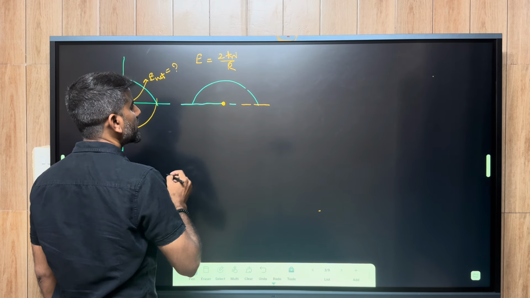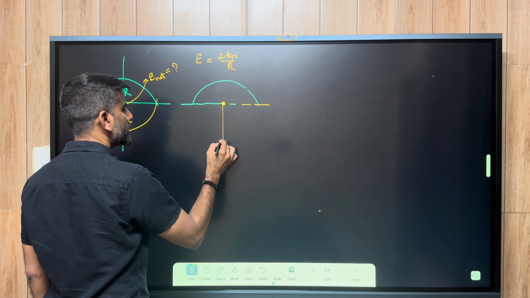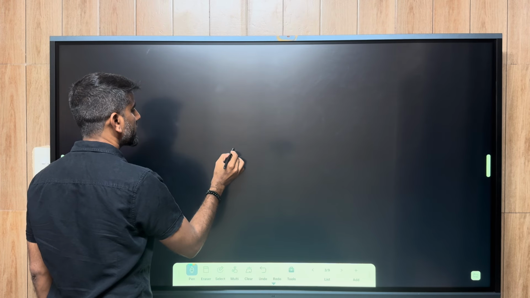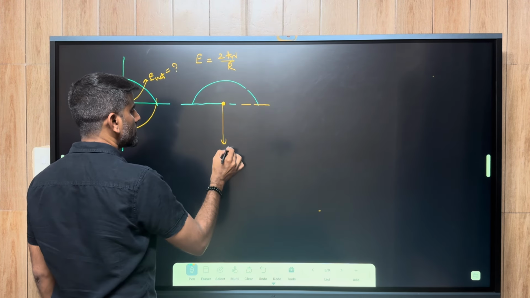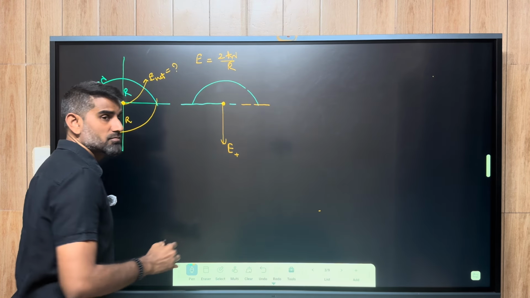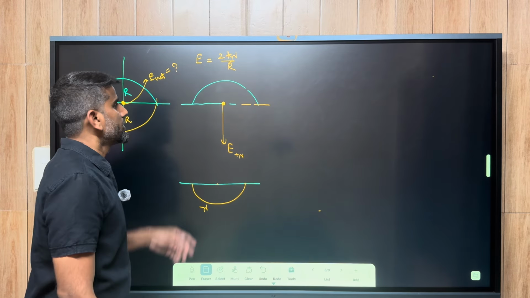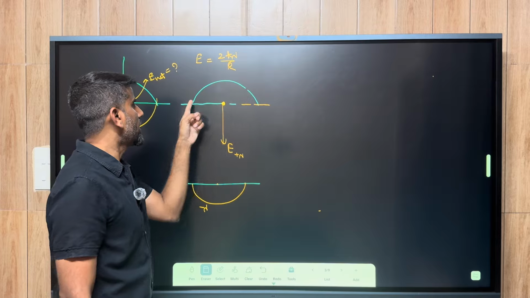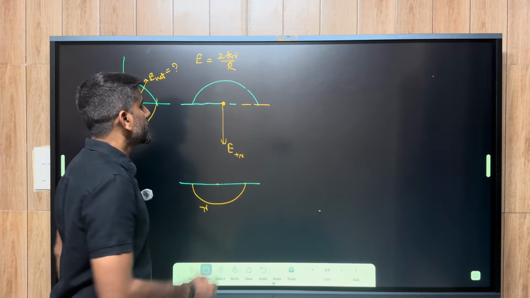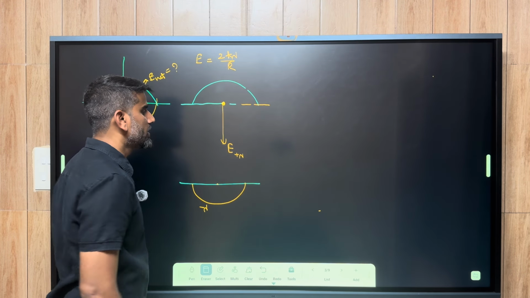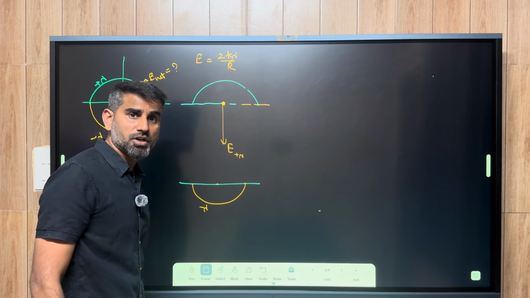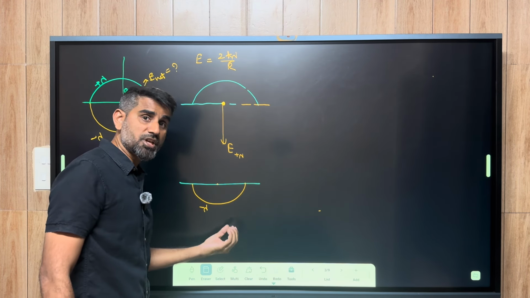Now the electric field will be in this direction. This semicircular wire is providing a certain electric field in the downward direction, which is away from the positive charge.